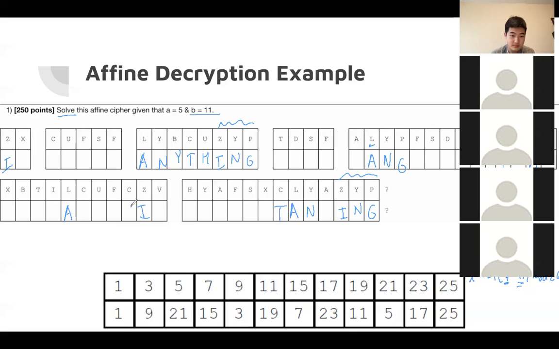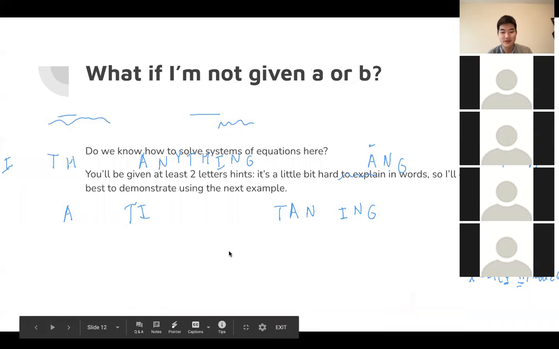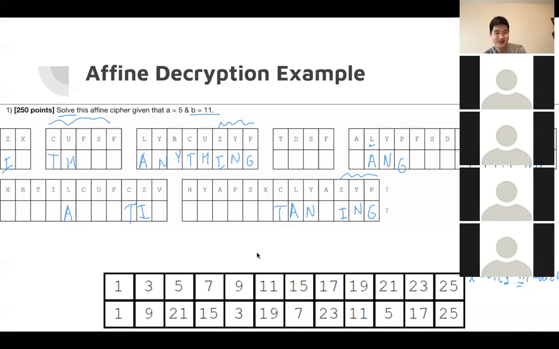Okay. You might be able to get this word off of just word patterns. Wow, I have to move the chat a lot during this one.